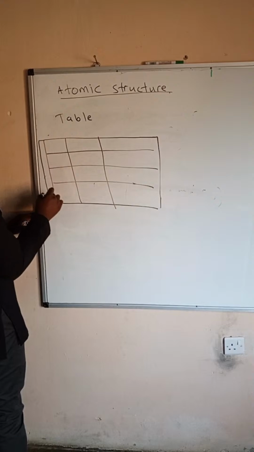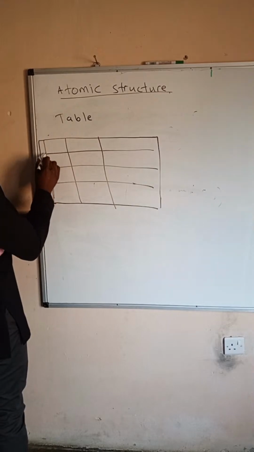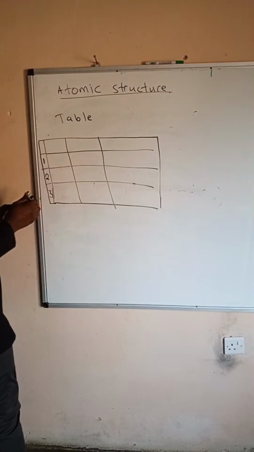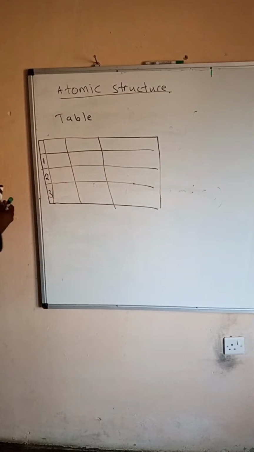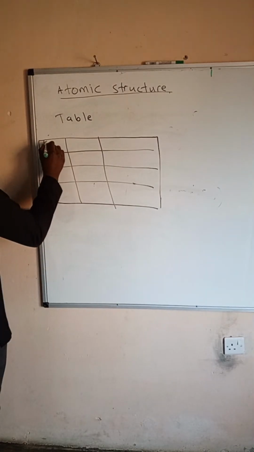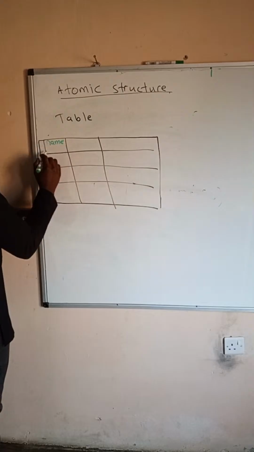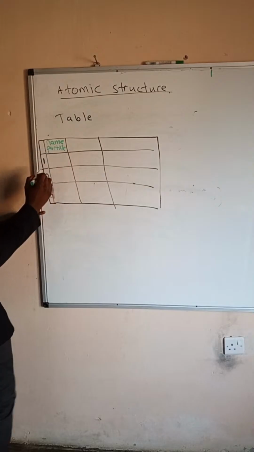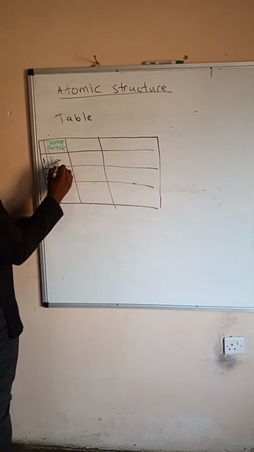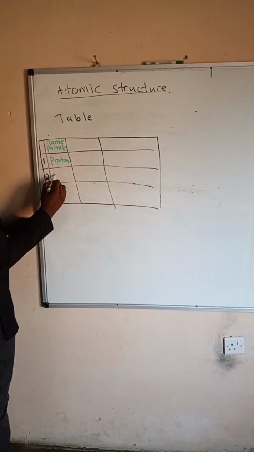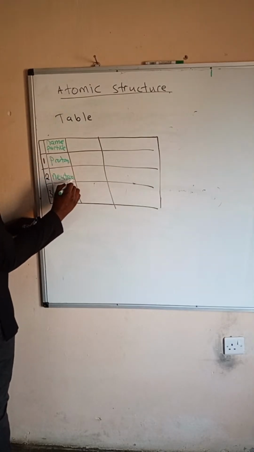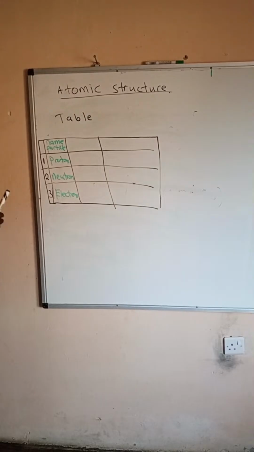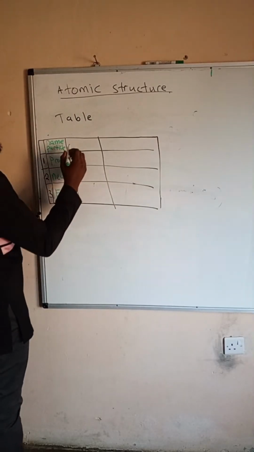Particle 1, particle 2, particle 3. Here I'll put the name of the particle. The first one is protons, the second one is neutrons, and here is electrons. And then here I'll put the charge.